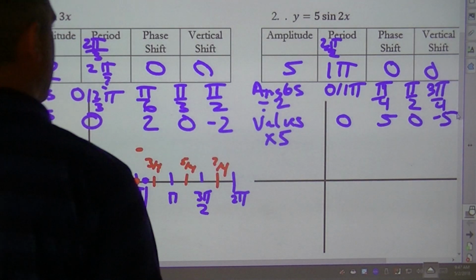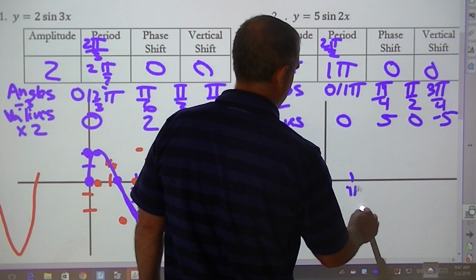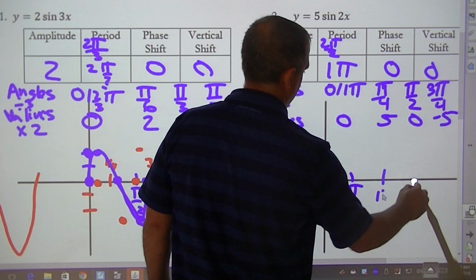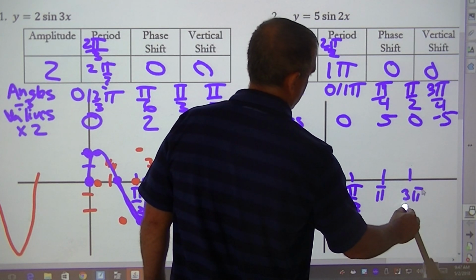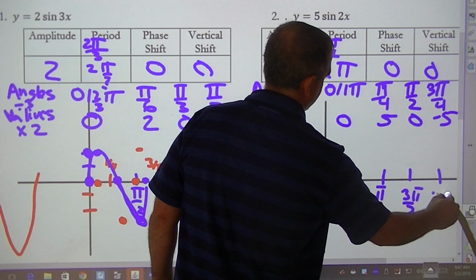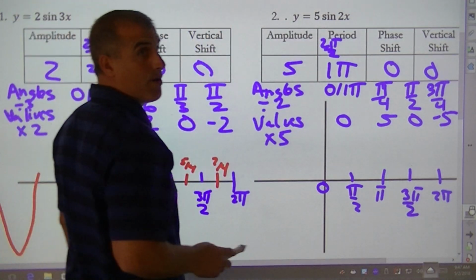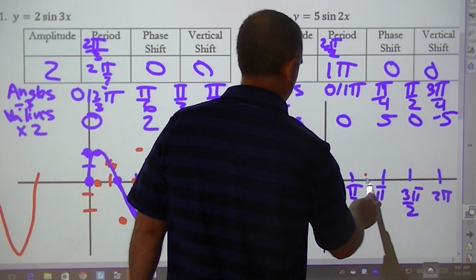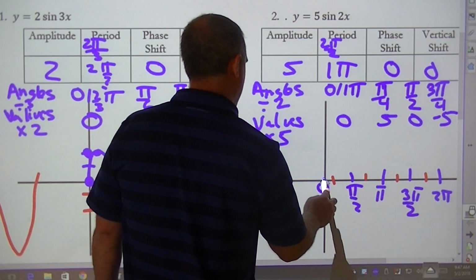All right, so I start with 0, pi over 2, pi, 3 pi over 2, and 2 pi. So what I'll have is quarters, and my quarters are halfway between. At 0, I'm at 0.